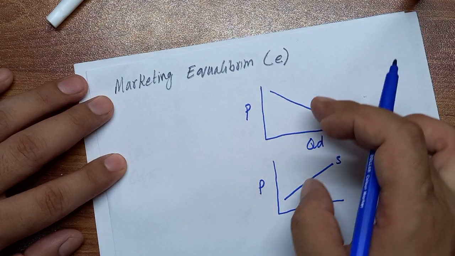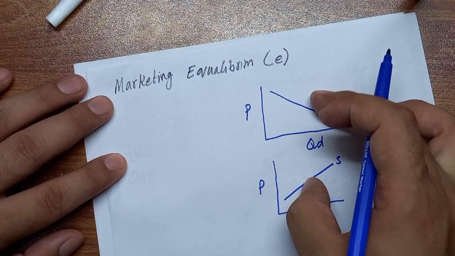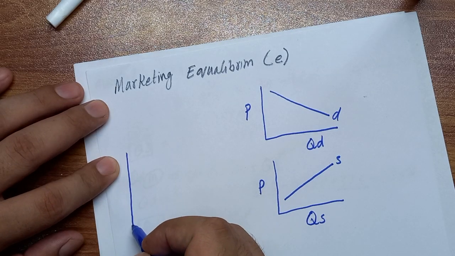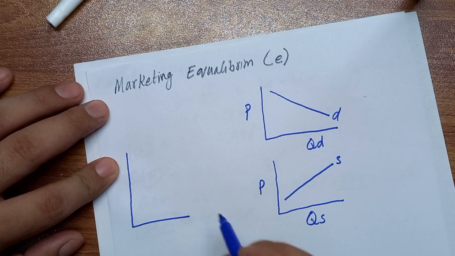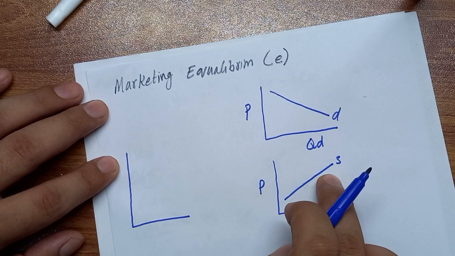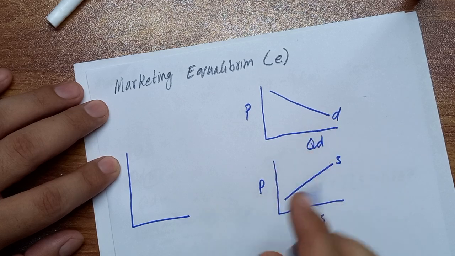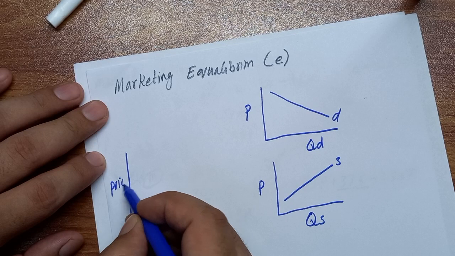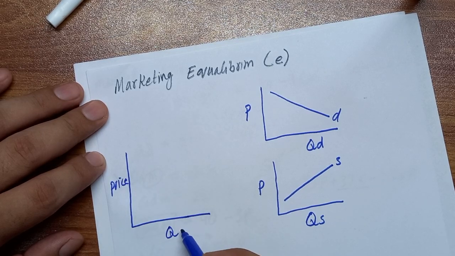When we combine these two graphs, we will get one graph. I can use this supply curve line and demand line in one graph. So we have price here, we have quantity.